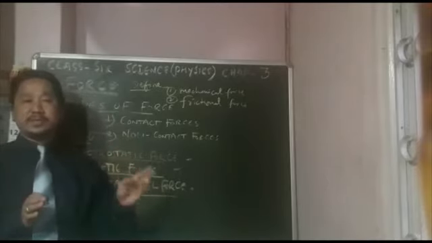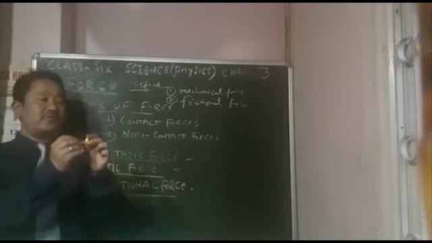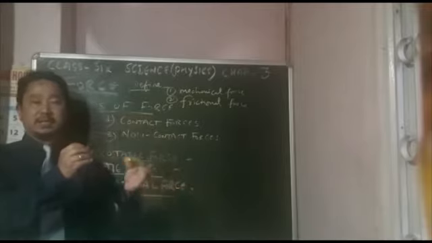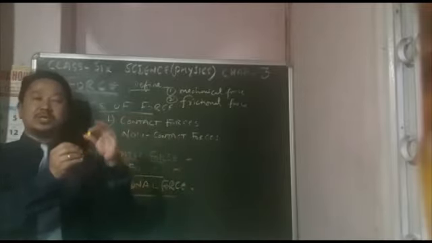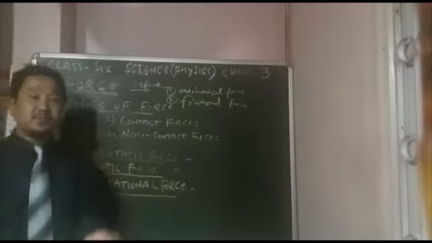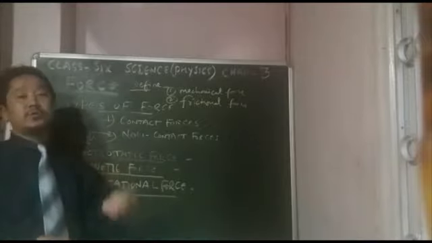From a distance only, the force can show some changes in the objects. That's the reason why they come under non-contact forces. So that's all about the types of non-contact forces, and we have discussed today the types of force, both contact and non-contact forces. Today we'll do only this much.